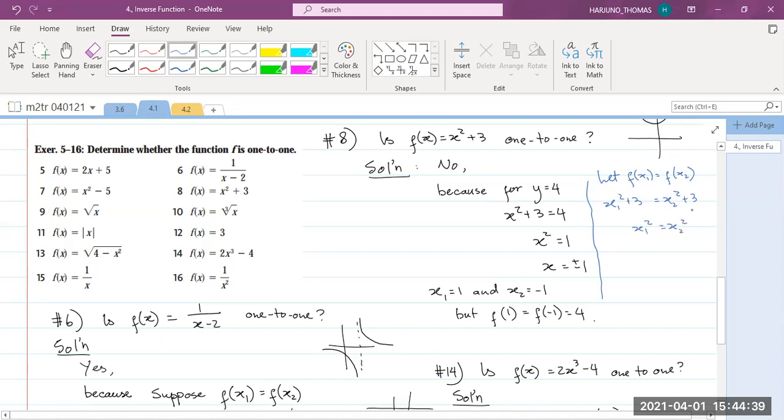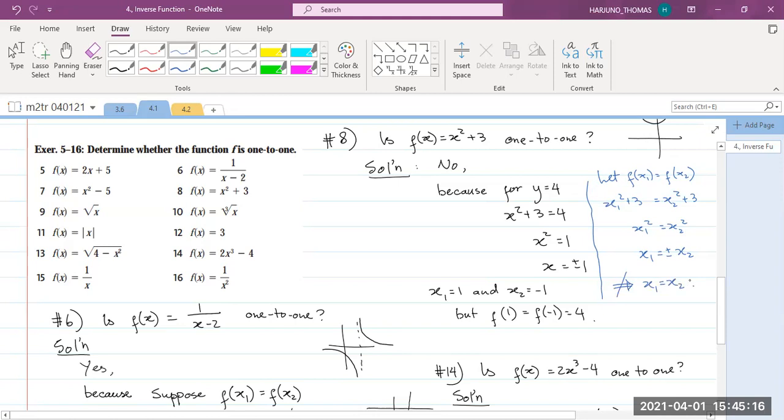So it actually boils down to, can you find two different numbers whose squares are the same? Now, if you apply the square root property here, you'll get x1 equals plus or minus x2. So it is possible that you have the same y's, but the x's are actually opposite, which means it does not imply x1 equals x2.